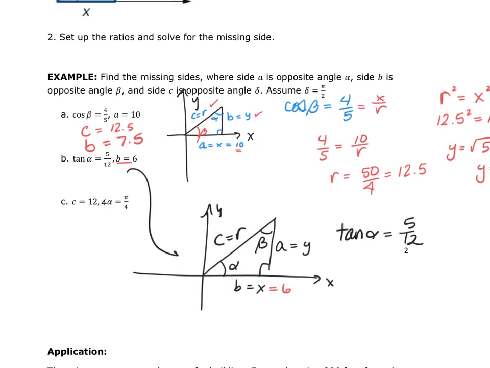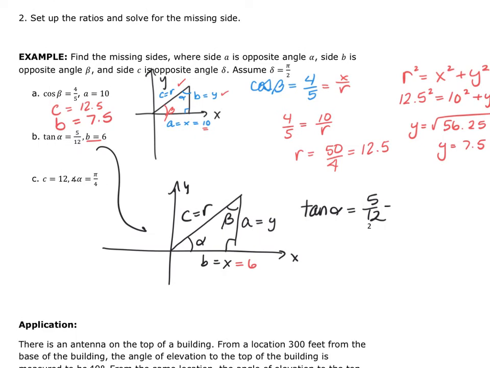Now, what I also know is that is the ratio of my y value over my x value. So I have 5 over 12 is equal to my y value, which is what we're trying to find, over my x value, which is 6. That's given to me right here.